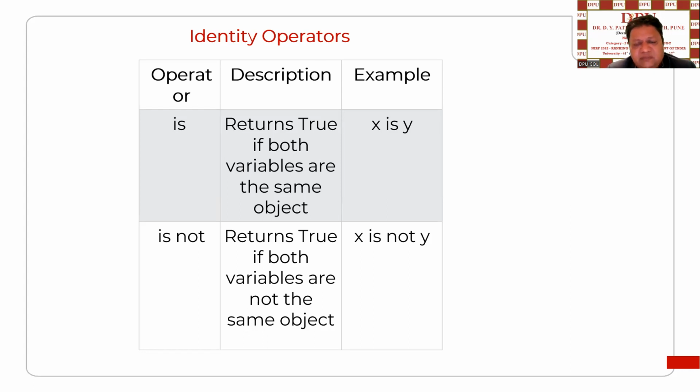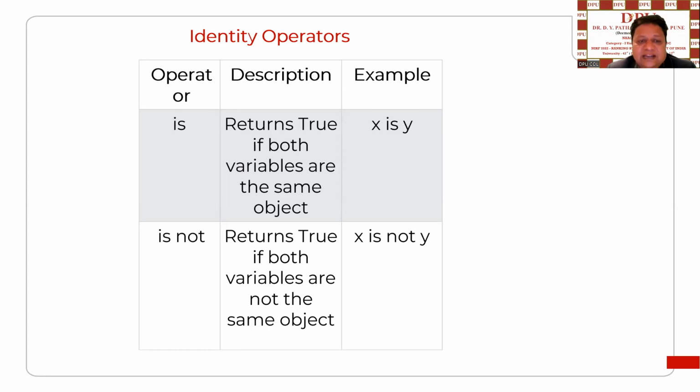Why should I waste my memory? In order to find such variables, if they are pointing to the same memory location, then there is no use of the other one. A better way is to remove that other memory variable. For such a purpose, I can use the identity operators.